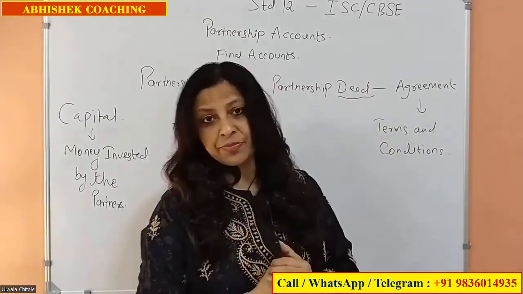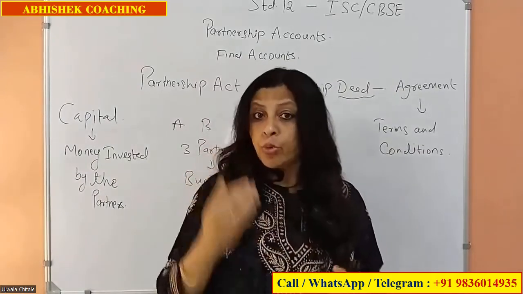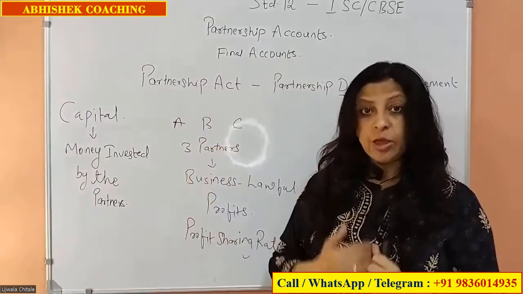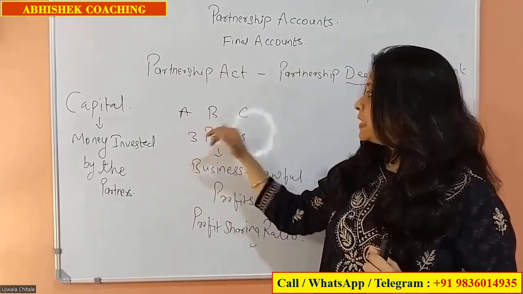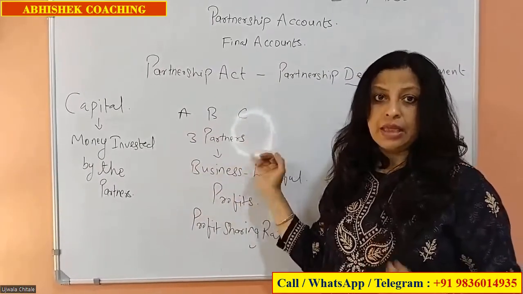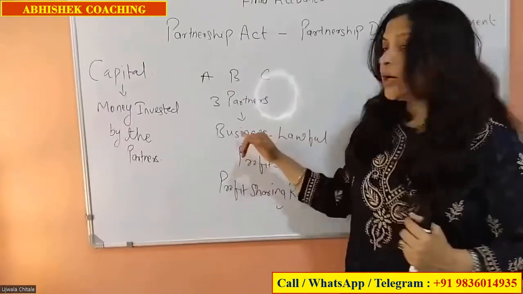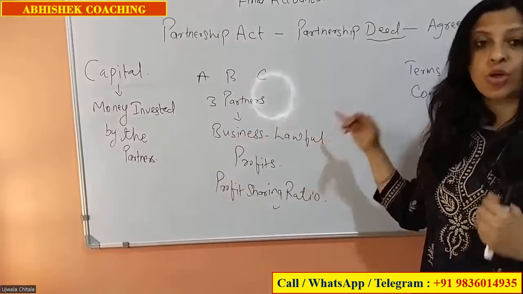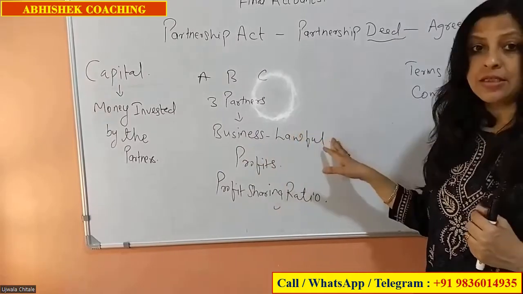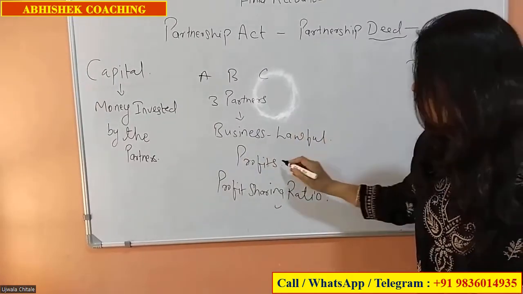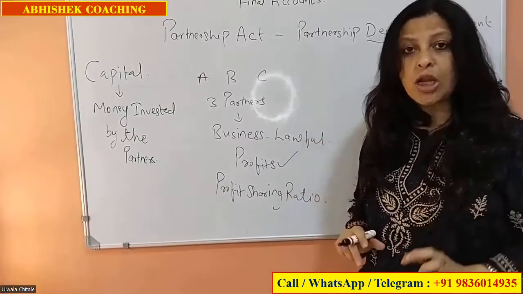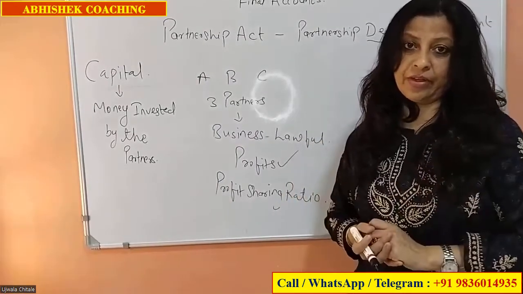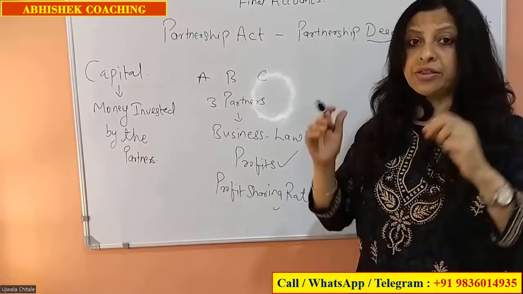So what is a partnership firm? When more than two persons come together, let's say A, B, C are three partners, to carry out some lawful business with the motive of earning profits, it is called a partnership business.